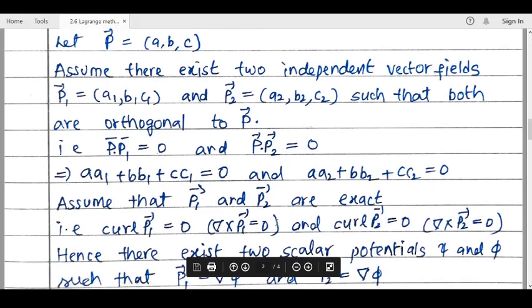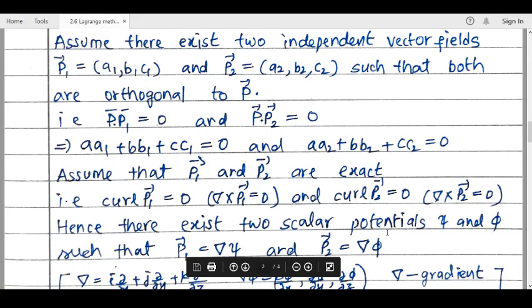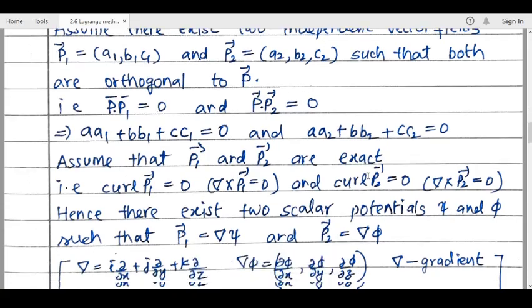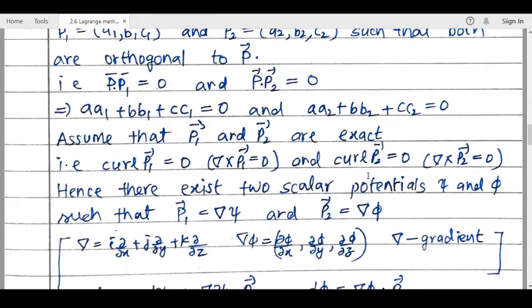Now we further assume that P1 and P2 are exact. I think you must have studied this in vector analysis in your degree. Exact means their curl will be 0. Curl is nothing but del cross. So curl of P1 is 0 and curl of P2 is 0, that is, del cross P1 is 0 and del cross P2 is 0.